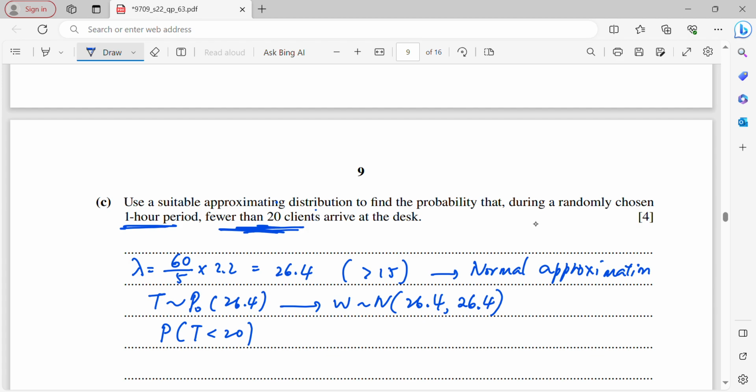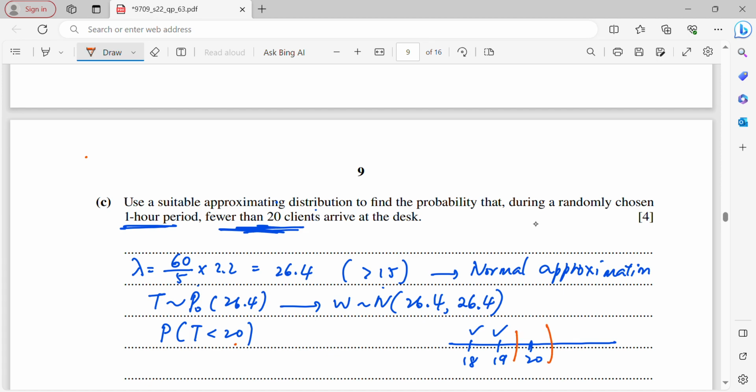So when less than 20, be careful with this. Your Poisson is a discrete random variable. The normal is a continuous random variable. Therefore, we need to carry out the continuity correction. So when here less than 20, I will consider 19 or 18. And according to the continuity correction, we can plus 0.5 or minus 0.5 from 20.